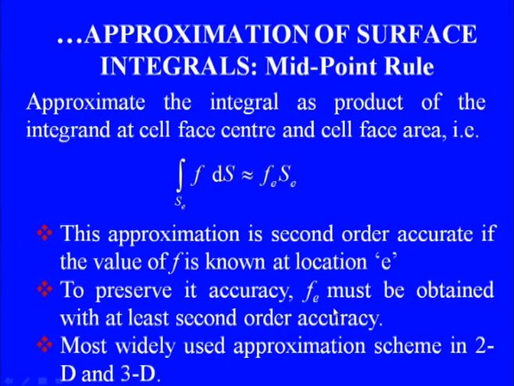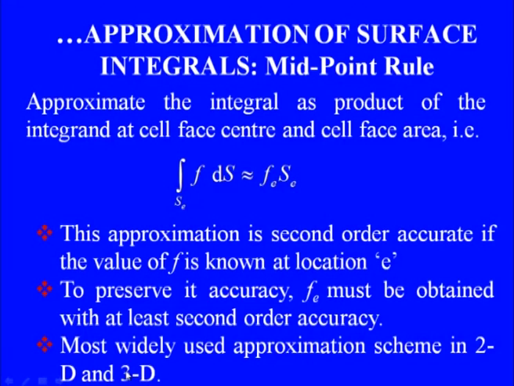This part we will have a detailed look at in our next lecture, wherein we discuss different interpolation schemes. Now this so called very simple midpoint rule is widely used in 2D as well as in 3D. In fact, in 3D unstructured formulations, this is the scheme of choice.